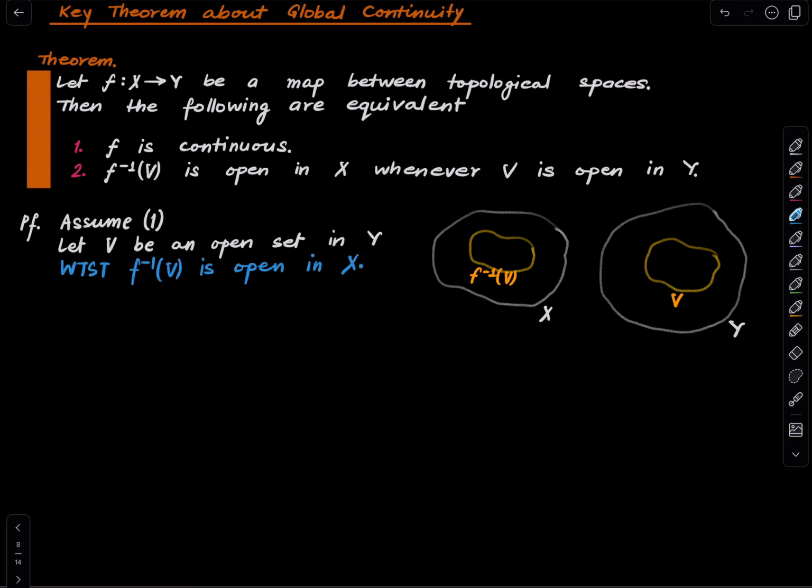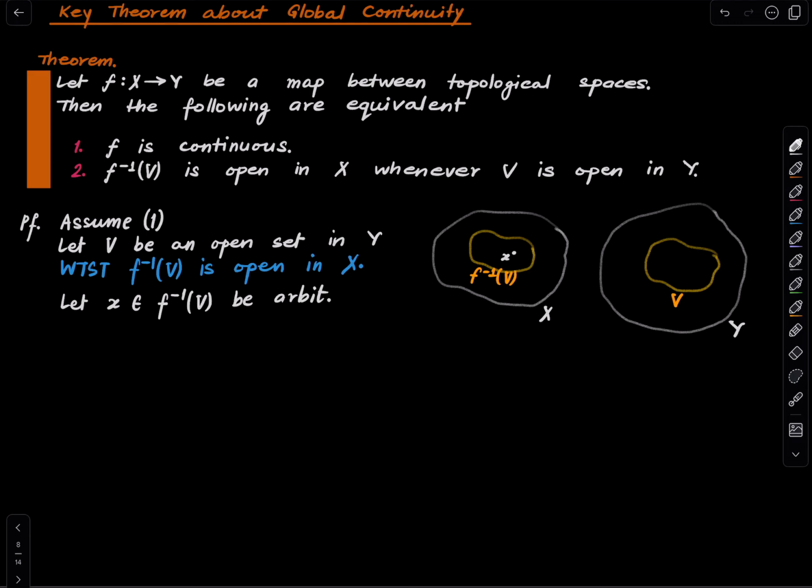Now to show that f inverse V is open, pick a point in f inverse V. Let x in f inverse V be arbitrary.